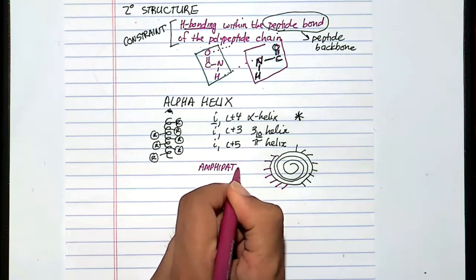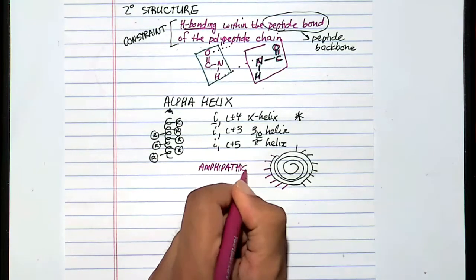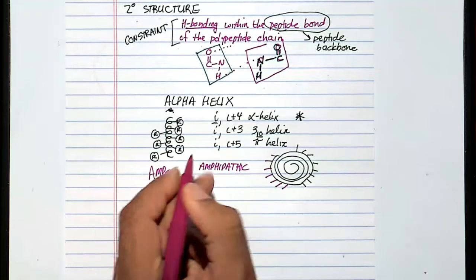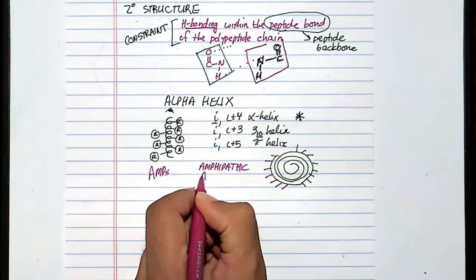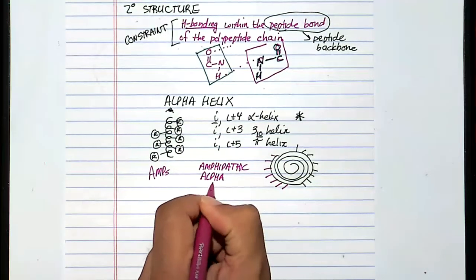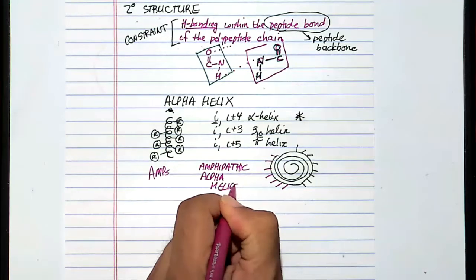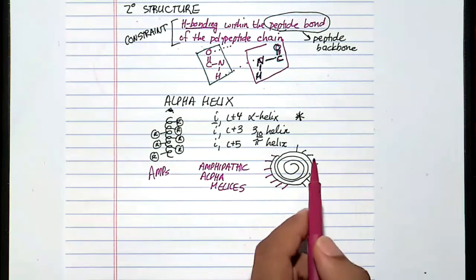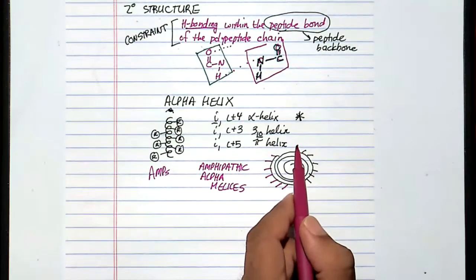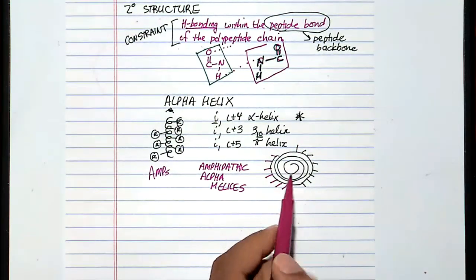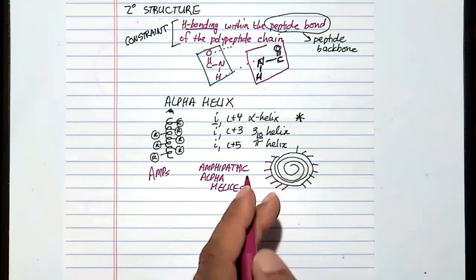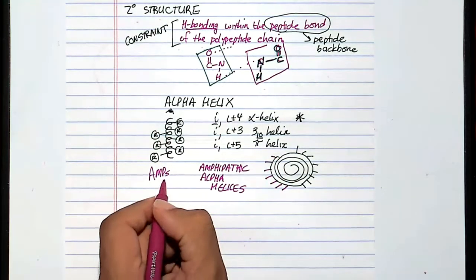And a lot of antimicrobial peptides, also known as AMPs, have amphipathic alpha helices. A lot of amphipathic alpha helices have this configuration where the R groups are charged or all on one side, and maybe nonpolar or hydrophobic amino acid side chains are all on the other side. So AMPs are common.